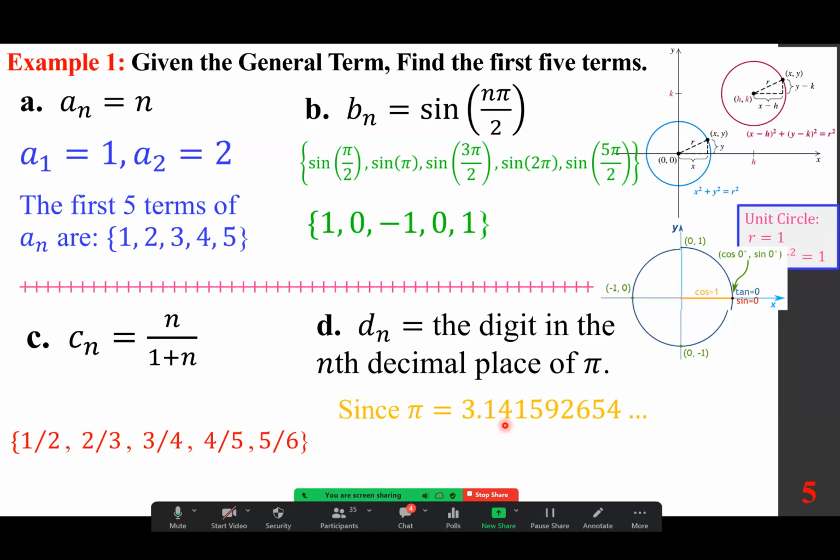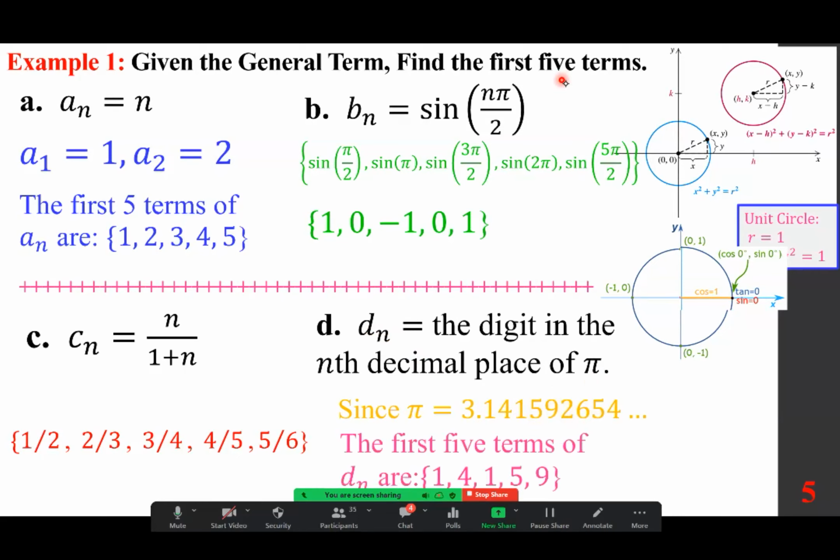The second one is 4, so d sub 2 is 4. The third one is 1, so d sub 3 is 1. Then d sub 4, d sub 5, d sub 6, and so forth, but we want only 5 of them. I hope everybody understands the question and how we arrive at those answers: 1, 4, 1, 5, 9. Again, pretty straightforward.